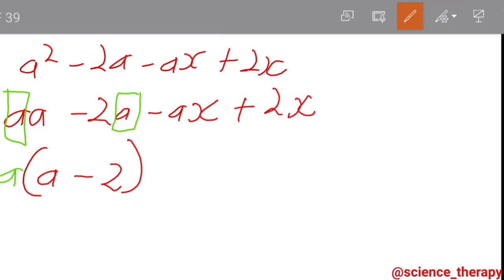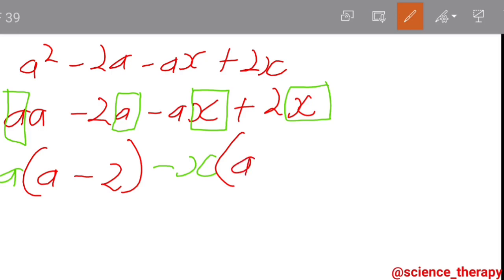Now let's look at the third and the fourth term. So we can see what is common there. It's x and x, right? So what do we do with that x? Factor it out. So remember there is a negative there. Now you open a bracket. If you factor out negative x, you are left with positive a.